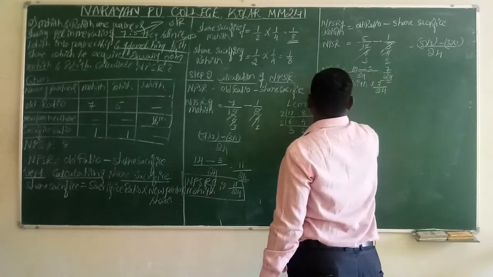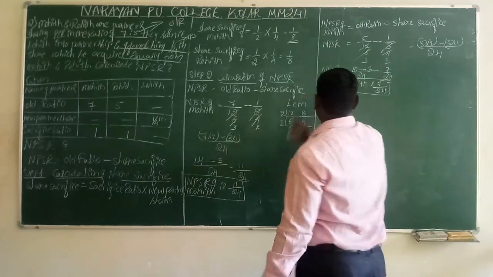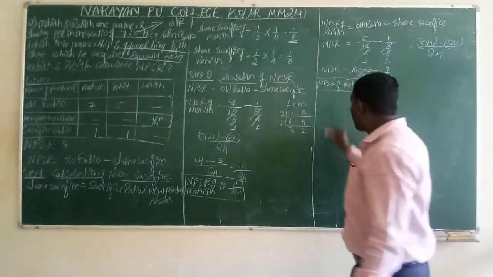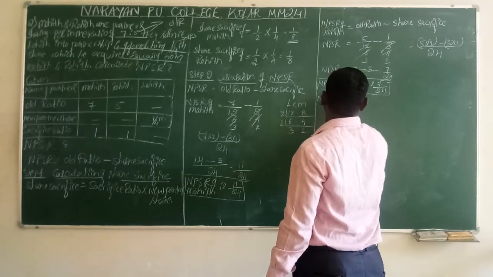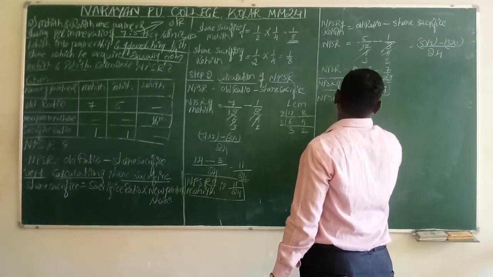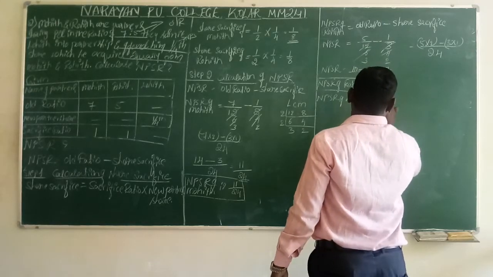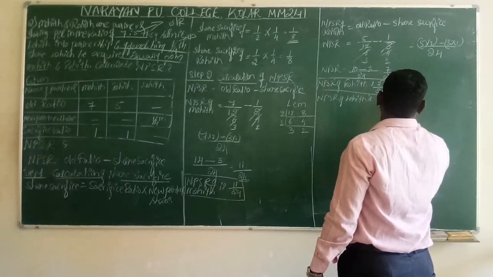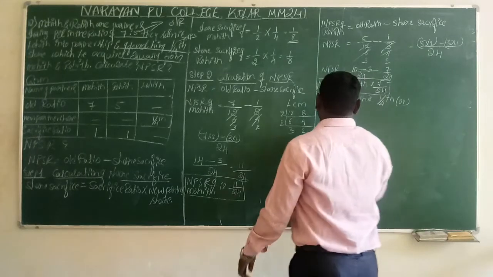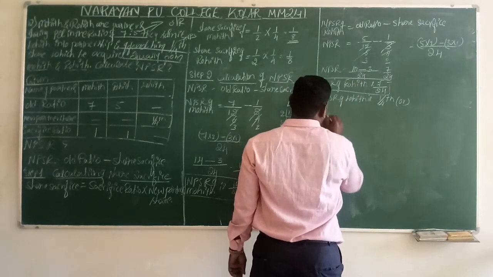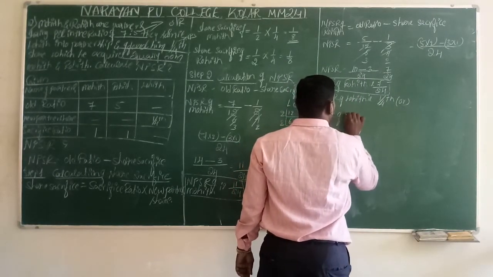So the second partner's NPSR we have also calculated. The share of the third partner is 1 by 4, so we have to calculate the NPSR of all partners.